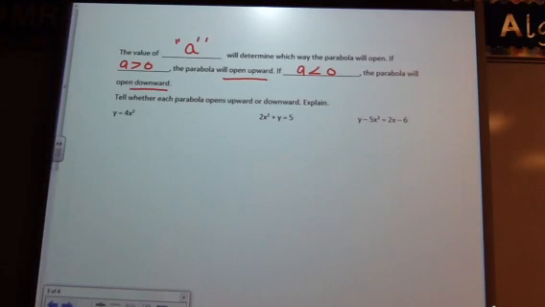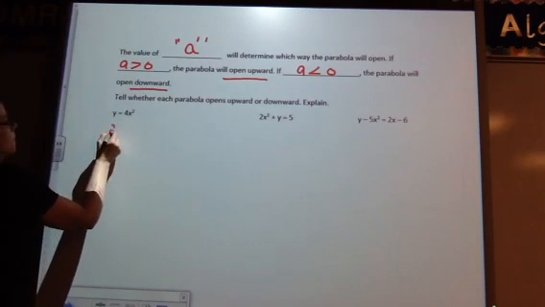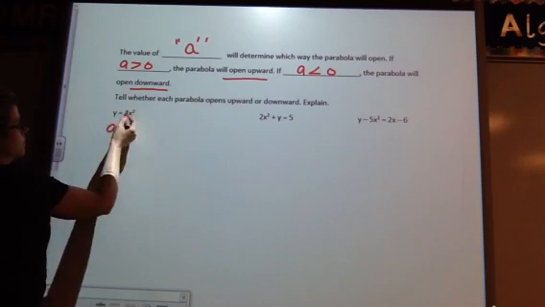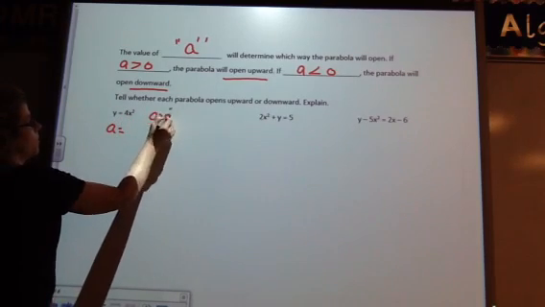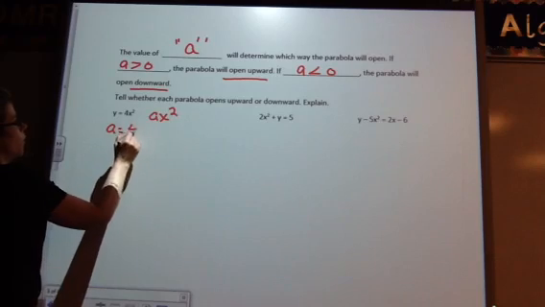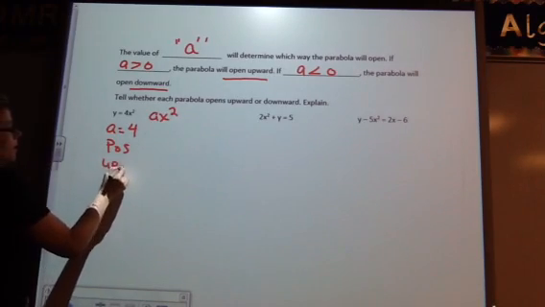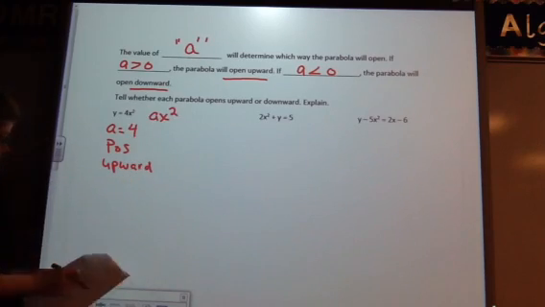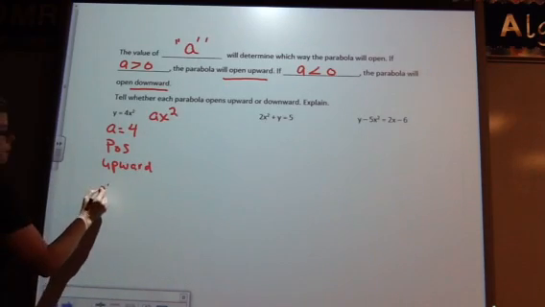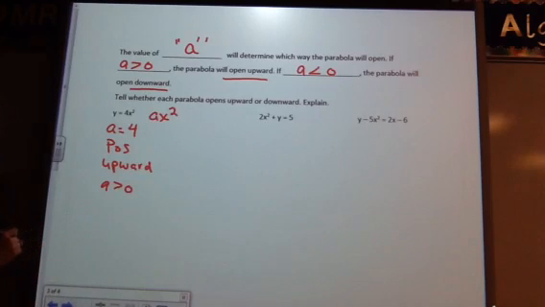We're not going to have to graph it, okay? So, on this one, our a equals what? Our a is the coefficient in front of your x squared, so a equals 4. It is positive, therefore it opens upward, because a is greater than 0.